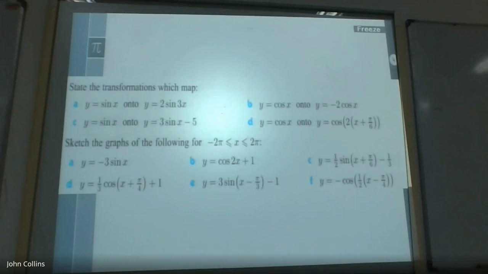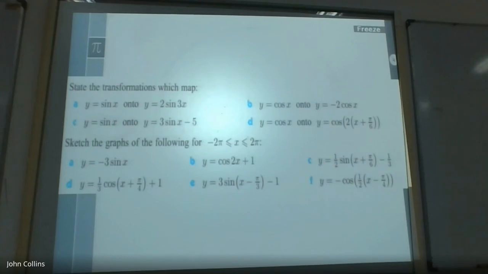Maria, you're up next. How about -2 cosine x? Vertical stretch, scale factor 2. One more thing has happened.